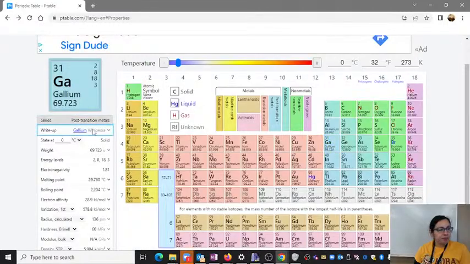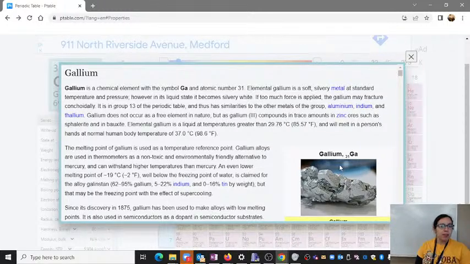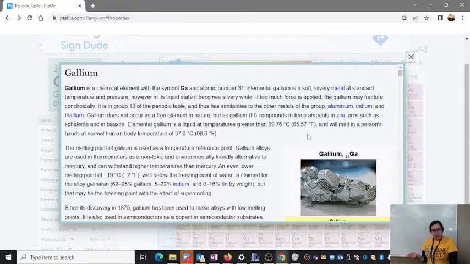Gallium is also interesting. Gallium is funny because it has a really low melting point. If you look at this little Wikipedia statement, elemental gallium is a liquid at temperatures greater than 29 degrees Celsius. So it's actually kind of a pain to work with.